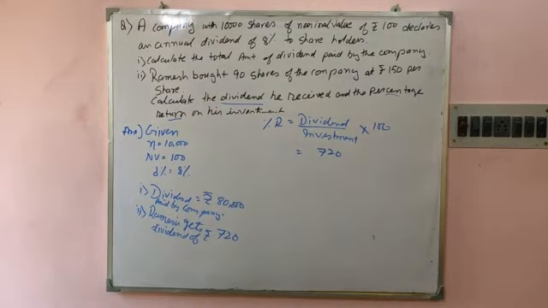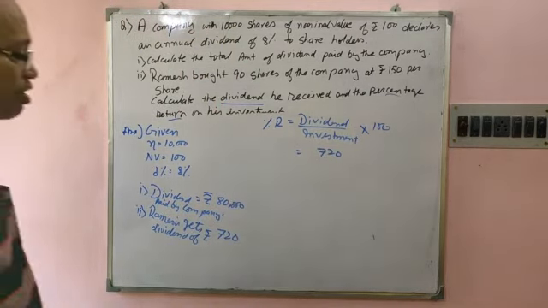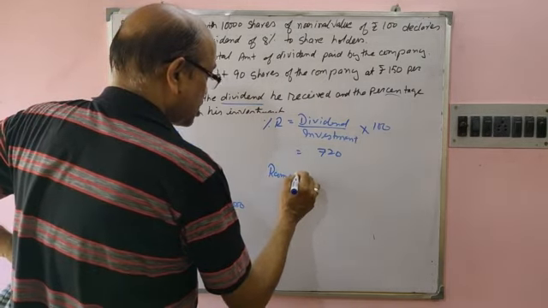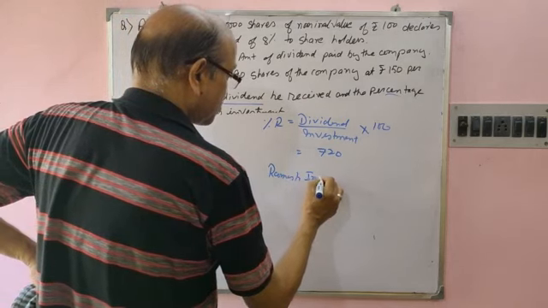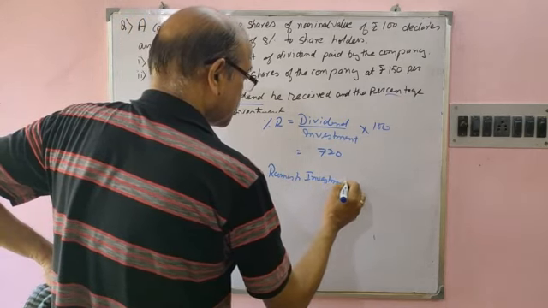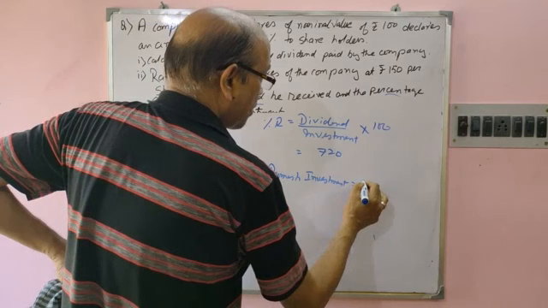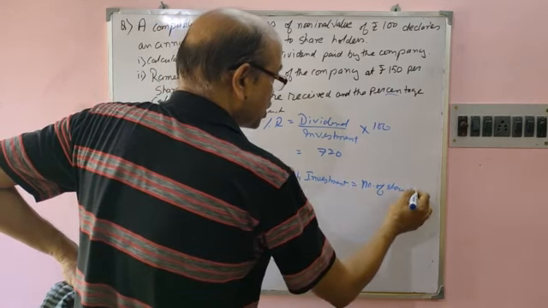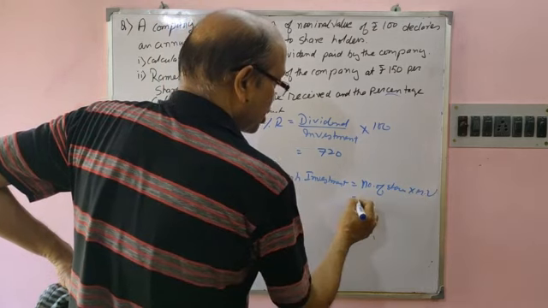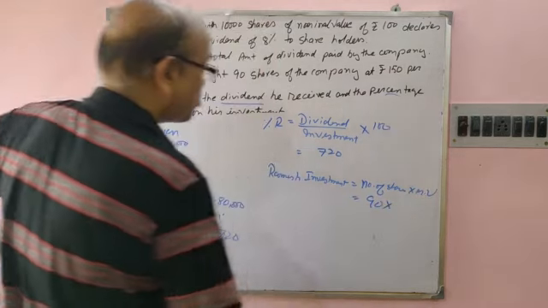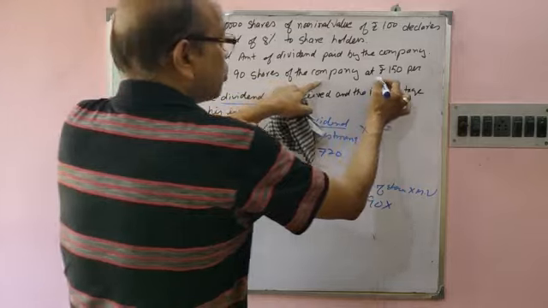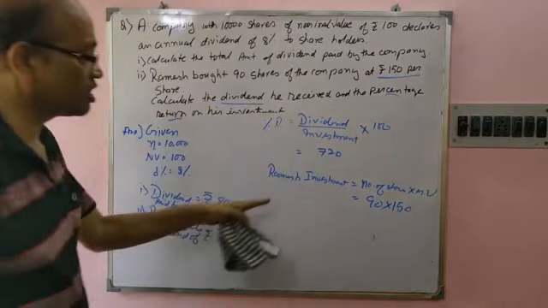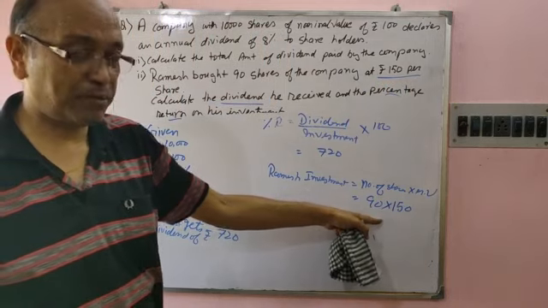No, we do not have it. So how much does Ramesh invest? Ramesh's investment is number of shares into market value. Number of shares was 90 and he pays at 150, so market value is 150. So this is the investment of Ramesh.